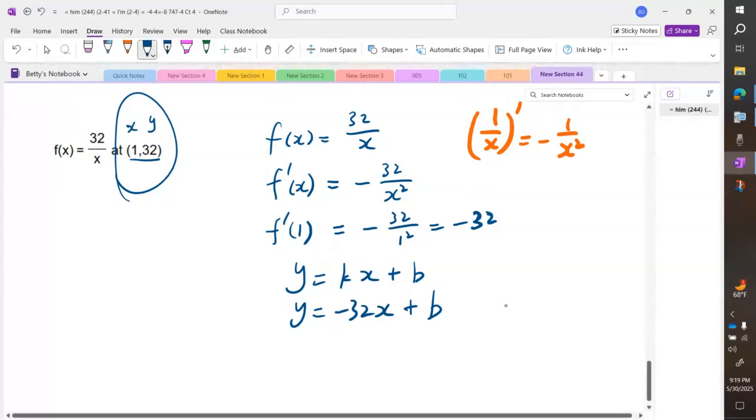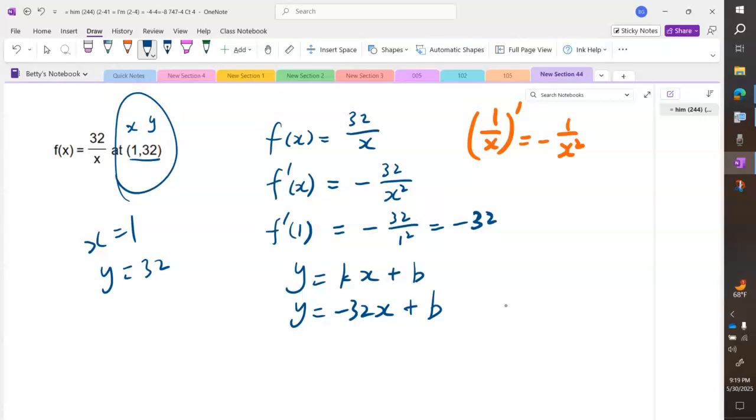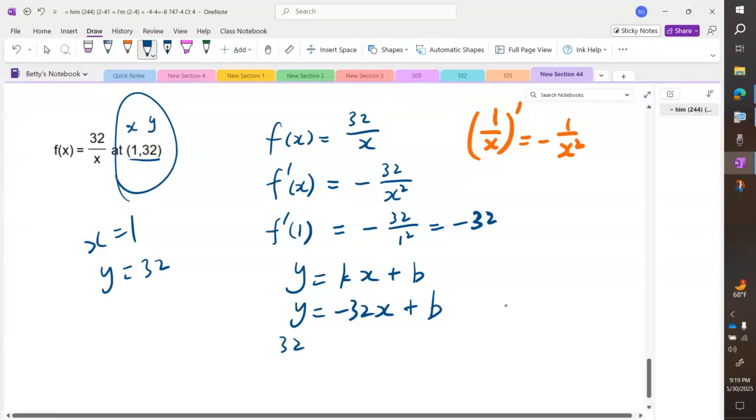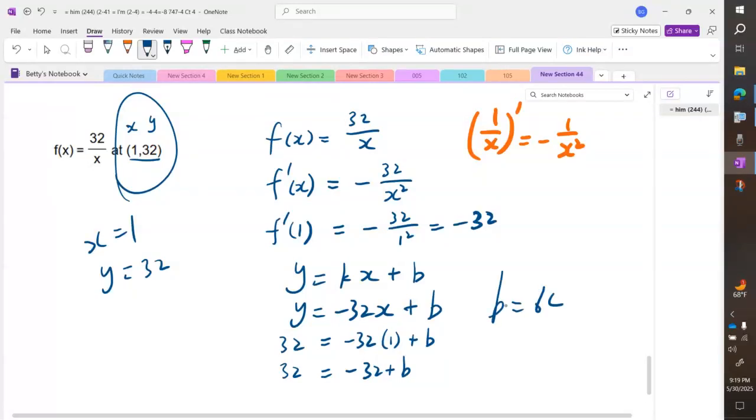This point is on the line, so we are going to plug in x equals 1, y equals 32. Y equals 32, x equals 1, positive 32, negative 32. B has to be 64. B has to be positive 64 in order for this equation to be a true statement.